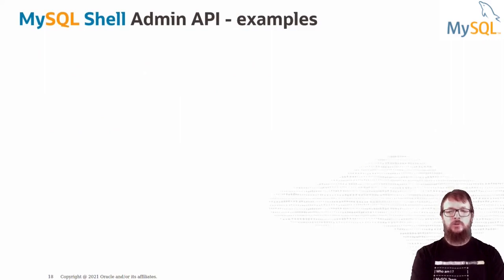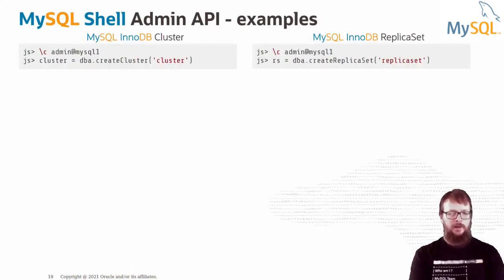So let's have a look at some admin API example calls, interactive. Here I'm splitting the screen between InnoDB Cluster and InnoDB ReplicaSet. First thing to do, we are in the shell in JavaScript mode. We want to connect to one server. In this case, I will connect to mysql1.